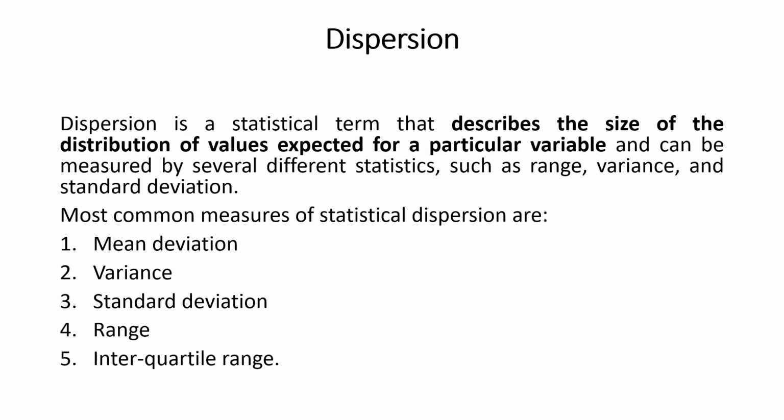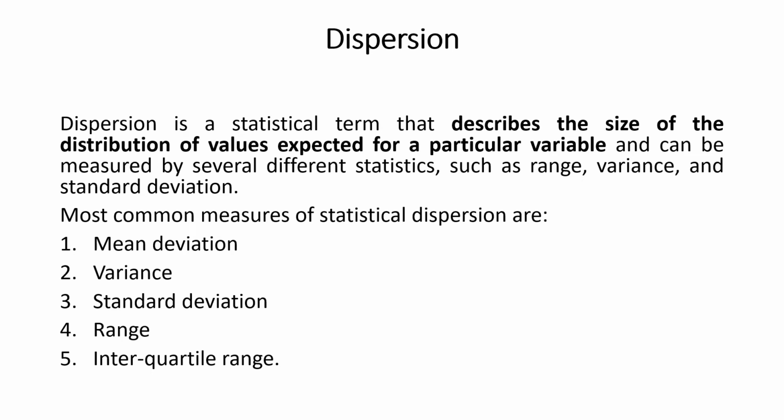Therefore, it is necessary to describe the variability or dispersion of the observations. In two or more distributions, the central value may be the same, but still there can be wide disparities in the formation of distribution. Therefore, you can define dispersion as the measure of the variation of the items.